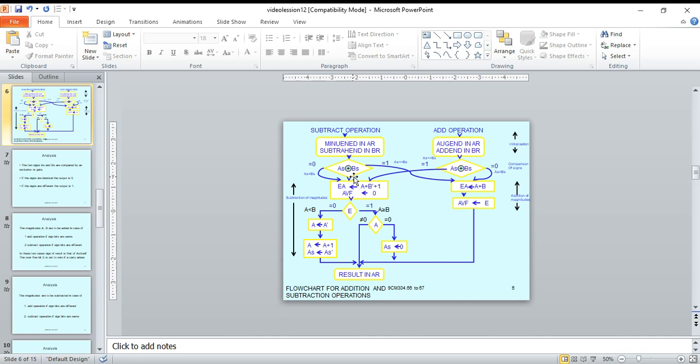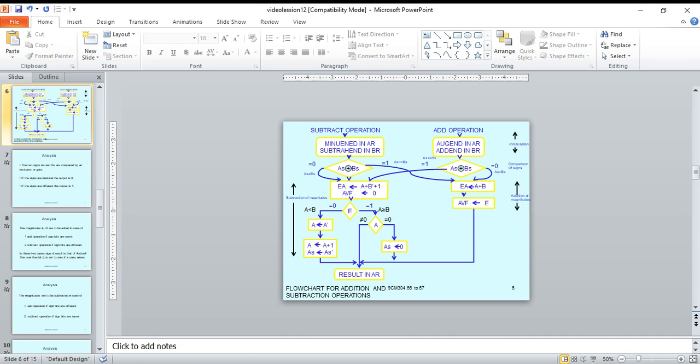For example, see this one. A stores the value 3, 0011, and then B stores a negative value, for example minus 2. I want to do the subtraction operation. 2 is nothing but 0010. So here minus into minus is plus, then we'll go to the addition operation.